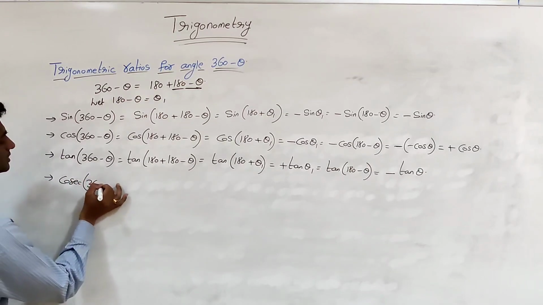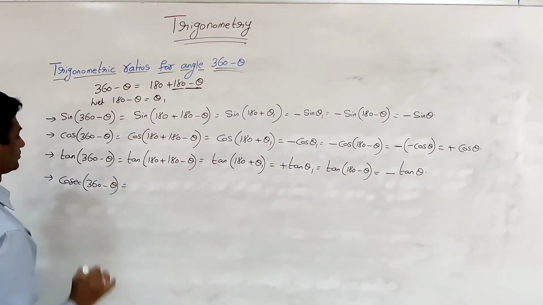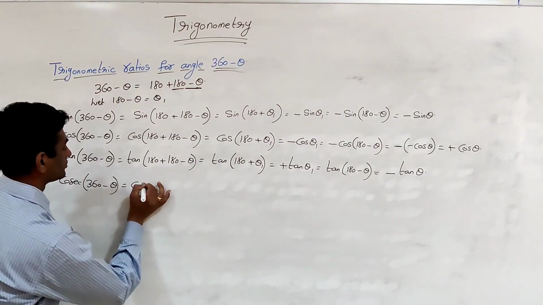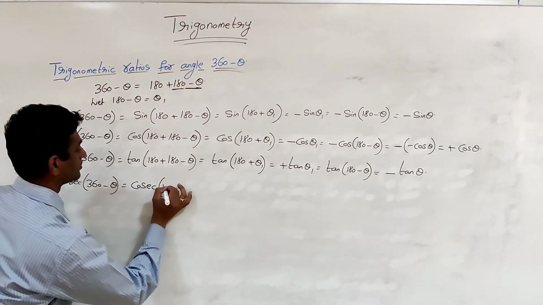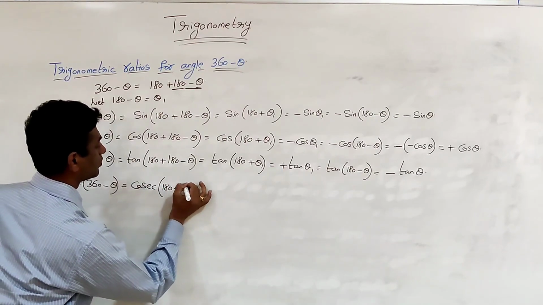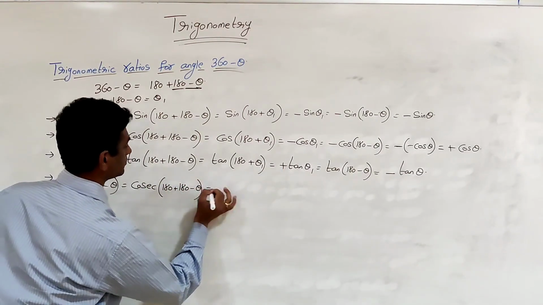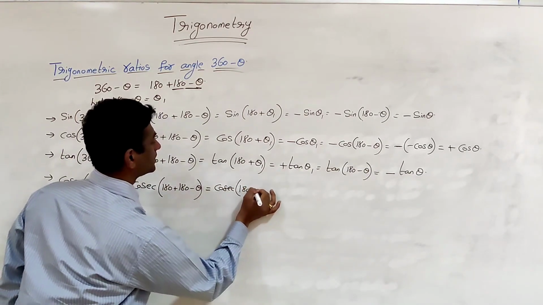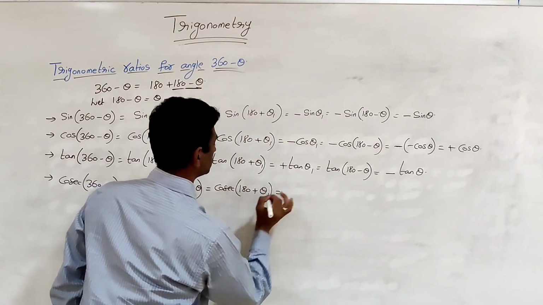Cosecant of 360 minus theta. That is cosecant of 180 plus (180 minus theta), which is cosecant of 180 plus theta 1.